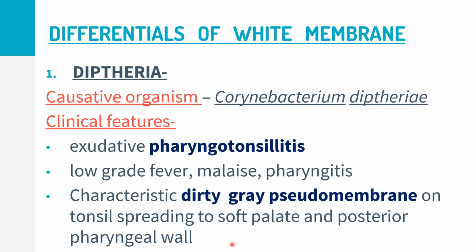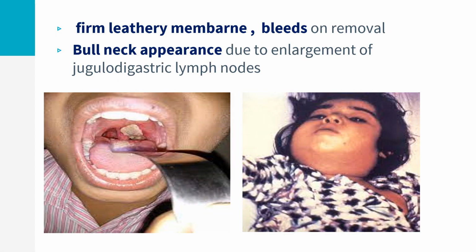Further, it has a firm leathery texture, and it is not easy to remove this membrane, and on attempt at removal it starts to bleed. Whereas in acute tonsillitis, the exudate can be easily removed even through a throat swab.